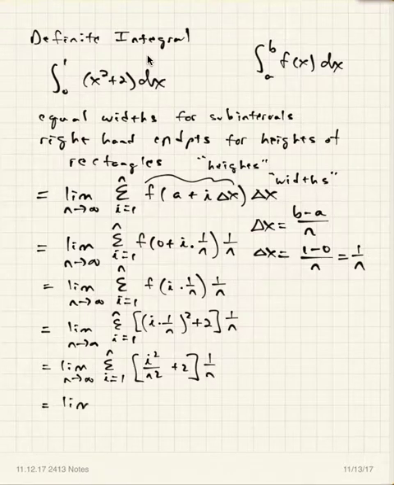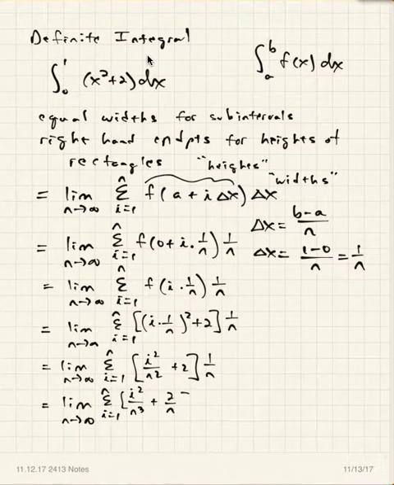And so that gives you the limit as n goes to infinity of the sum as i goes from 1 to n. Multiply that out, you get i squared over n cubed plus 2 over n. Yeah, 2 over n would be fine, just like that.